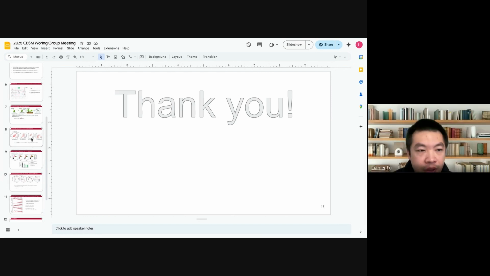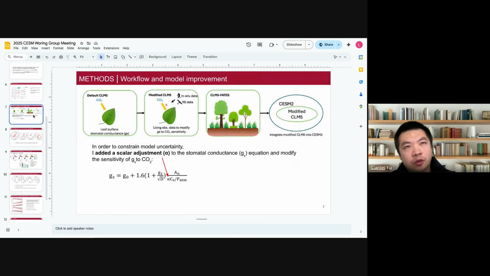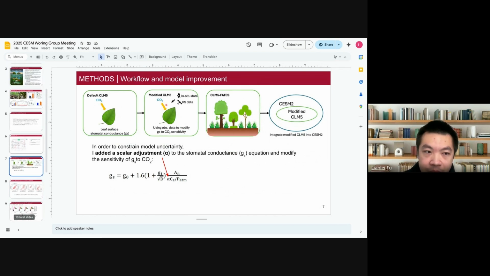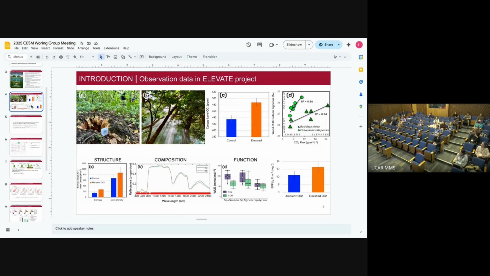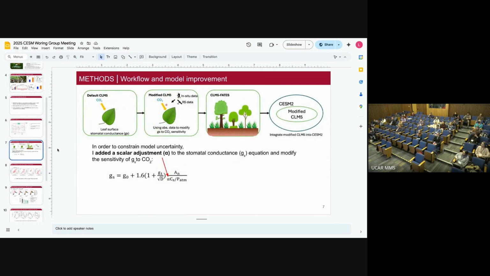Thank you for the question. You mean the tree levels? Sorry, could you repeat your question? Well, putting a scalar on the equation, I can get into the details later, but basically, do you think this is a correction on what we know about trees in general, or is this something specific to the adaptation of these trees local to this high CO2 source?